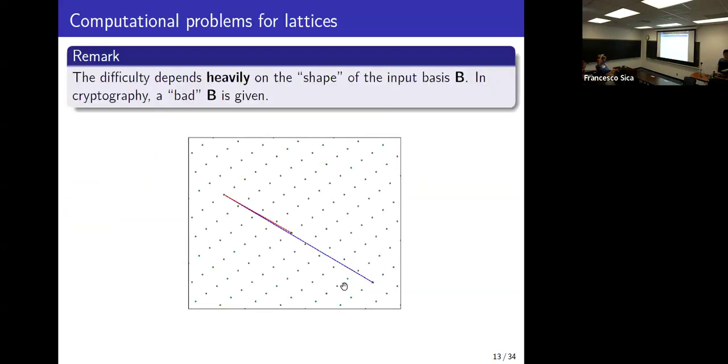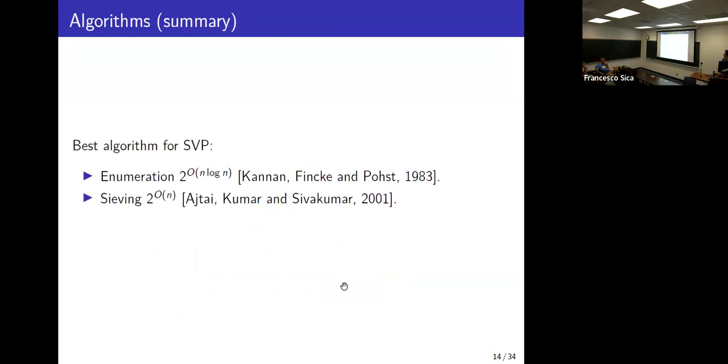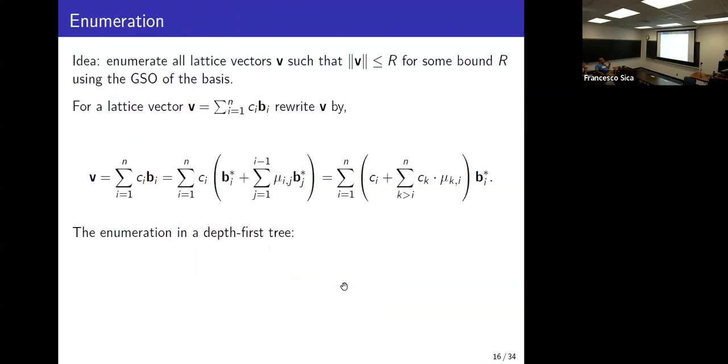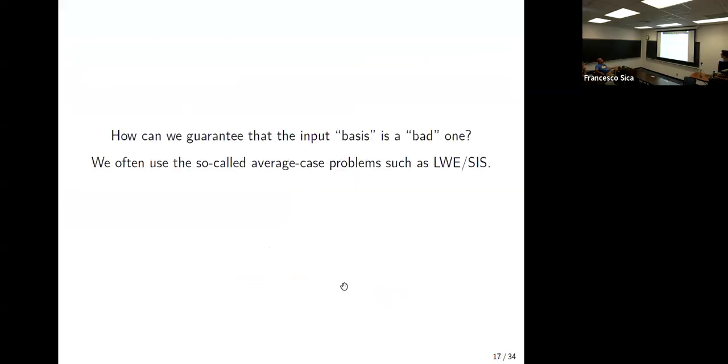For example, my input basis is this one, and this was a good basis, that was a bad basis. But in the actual application, how do I guarantee that the problem that can be reduced to, or related to, has to be in this shape instead of that shape, right? There's going to be a formal way to do this, the so-called worst-case to average-case reduction.